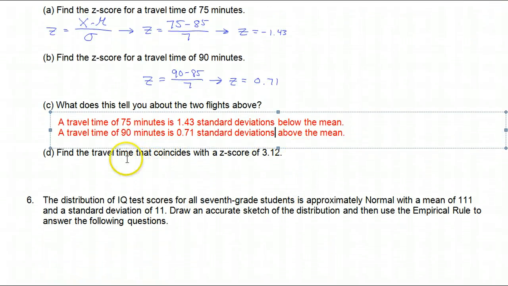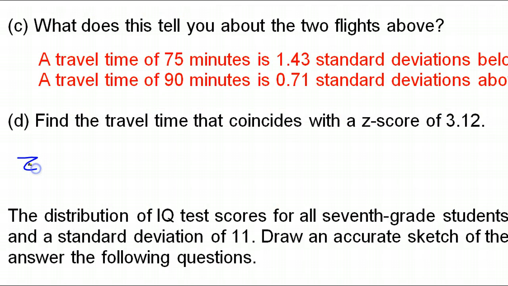Anyway, find the travel time that coincides with a z-score of 3.12. Okay, let's use the formula again: the z-score is the value minus the mean divided by the standard deviation.